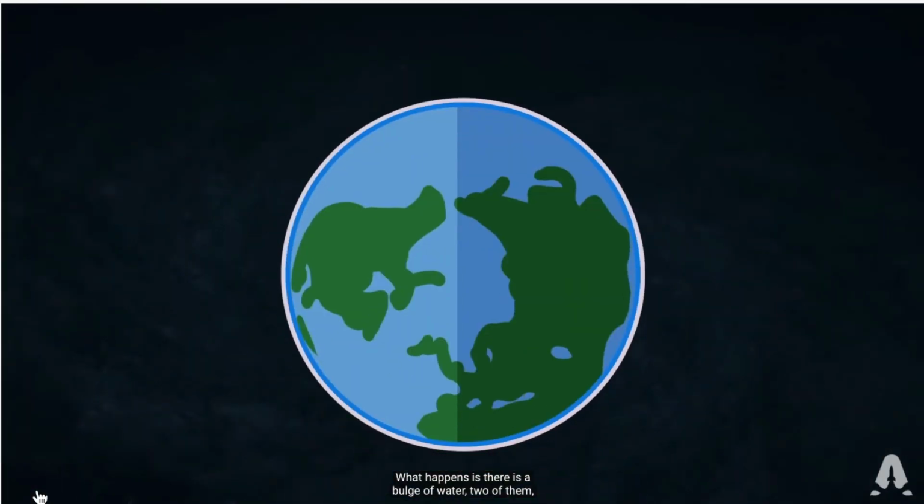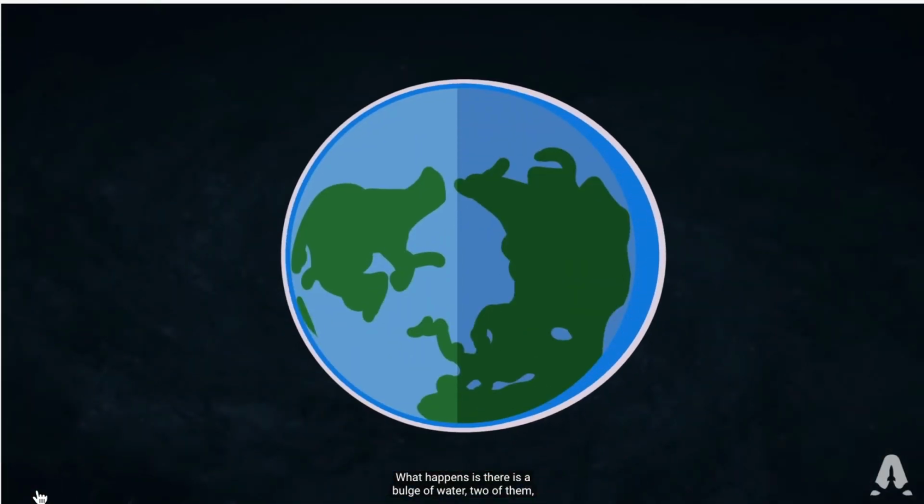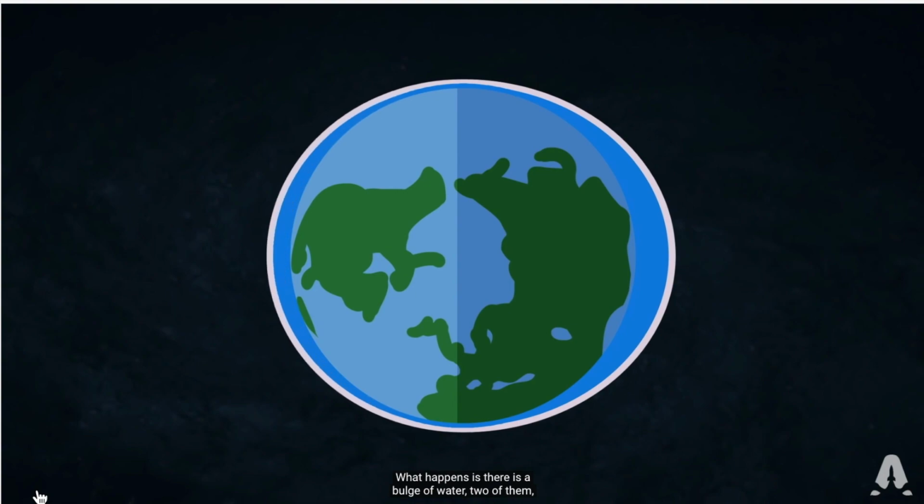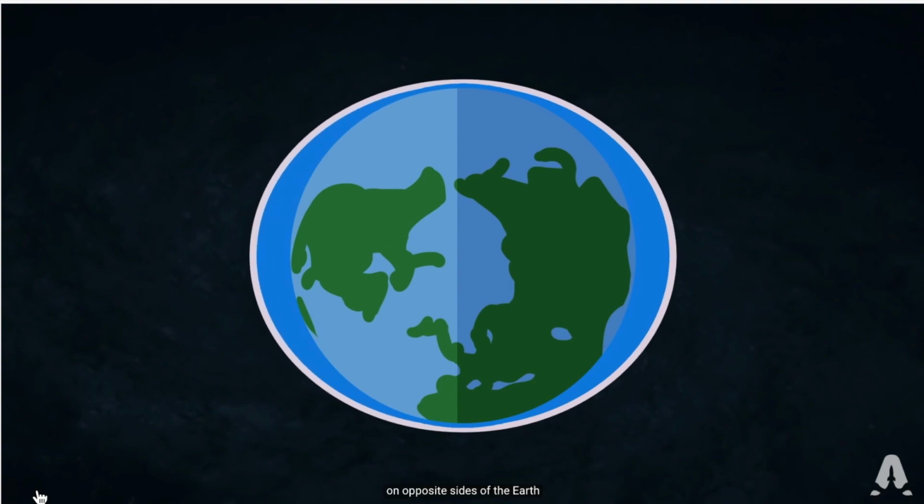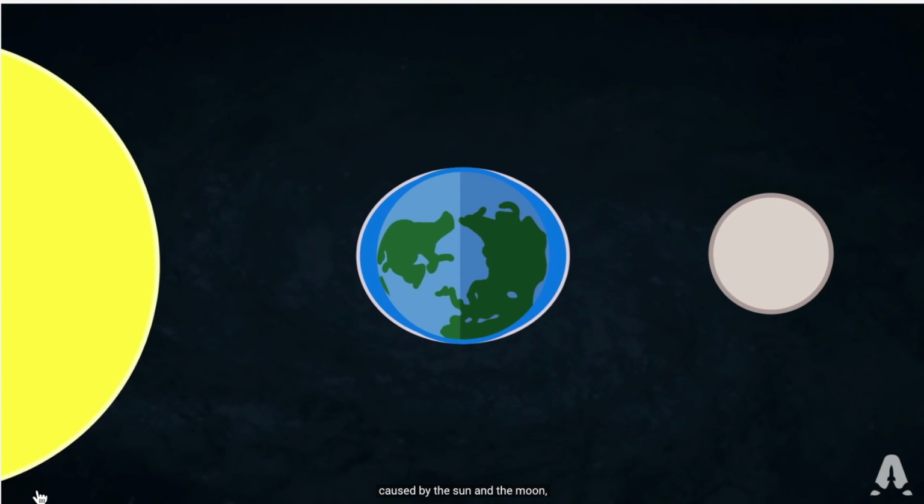Tides are widely misunderstood. Okay. All right. I will say the next thing I say may be mind blowing to you. The tide doesn't actually come in and out. What happens is there is a bulge of water, two of them on opposite sides of the Earth, caused by the sun and the moon.